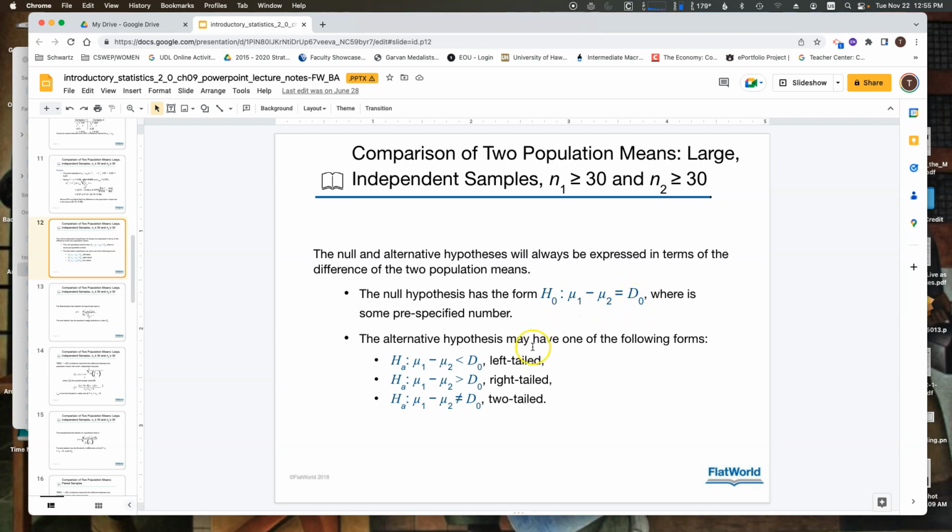The alternative hypothesis, depending on what your research question is, is either going to be a left-tailed difference, a right-tailed difference, or some two-tailed difference. It's all going to depend on what you're trying to measure, what kind of phenomenon you think exists.